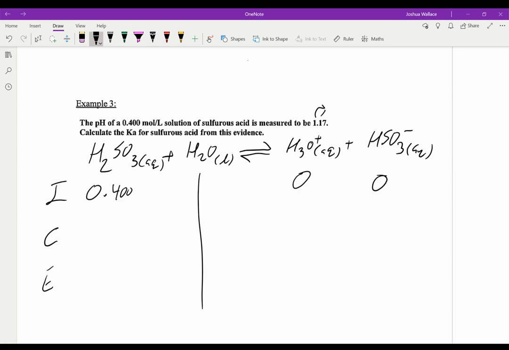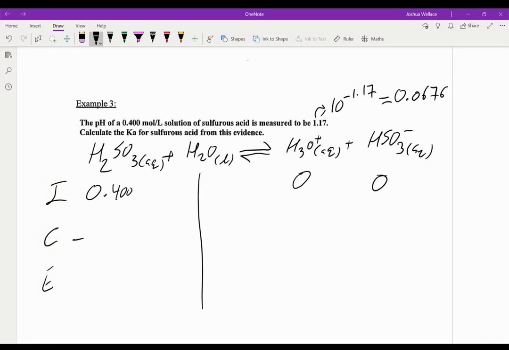I'm going to go 10 to the negative 1.17 to find my value, which is 0.0676.